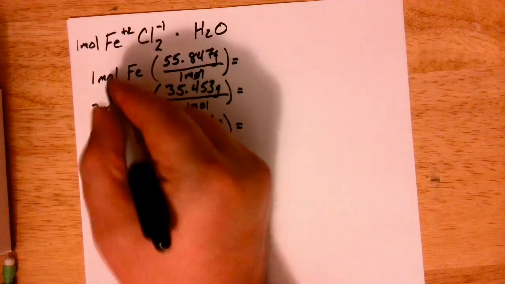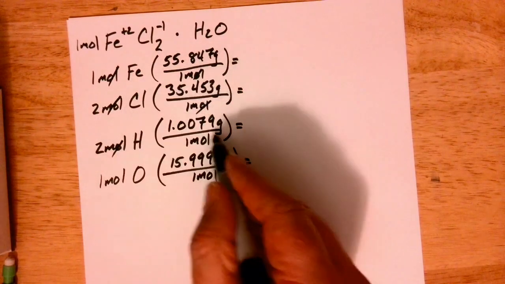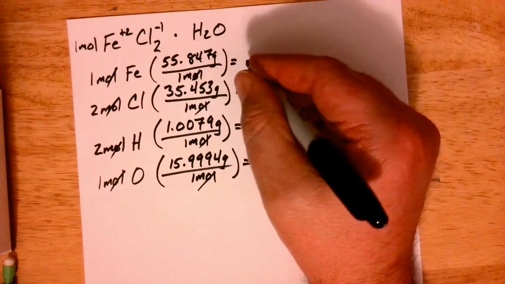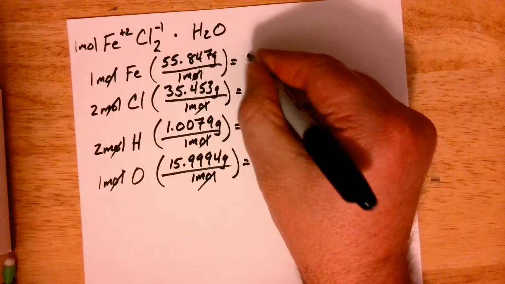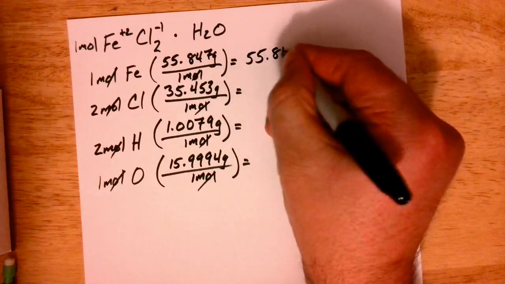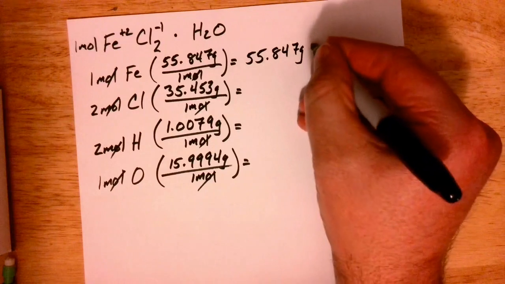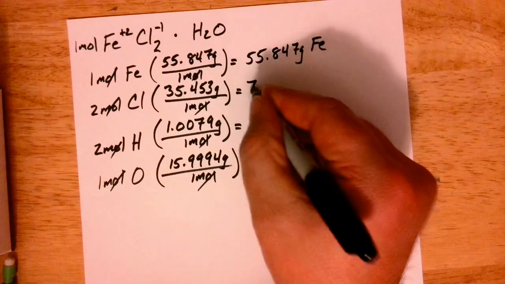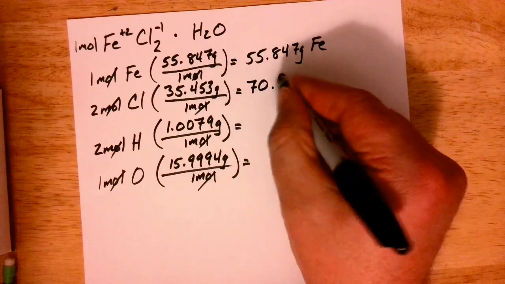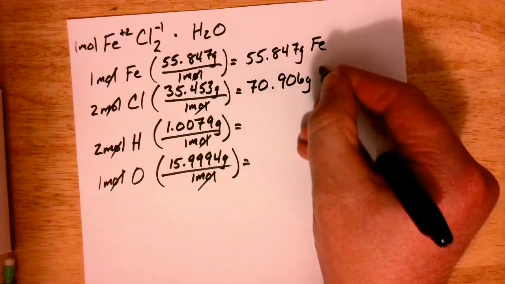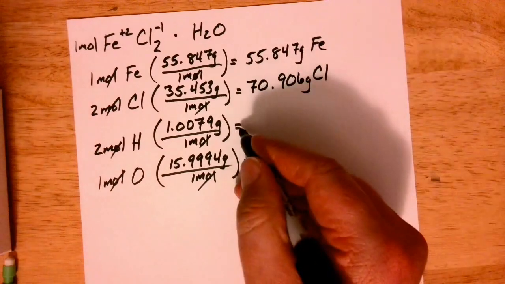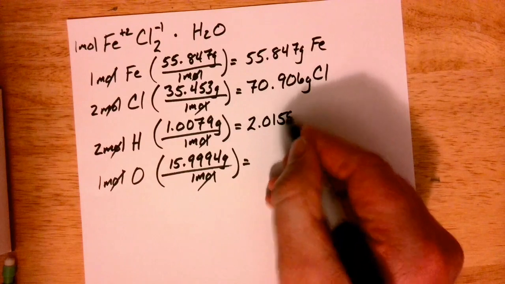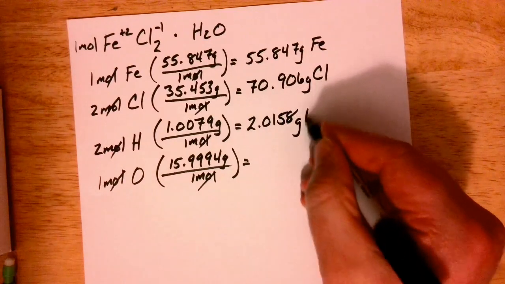Alright, moles will cancel, leaving you with grams. So for iron, you would have a mass of 55.847 grams of iron. For chlorine, it would be 70.906 grams of chlorine. For hydrogen, it would be 2.0158 grams of hydrogen.